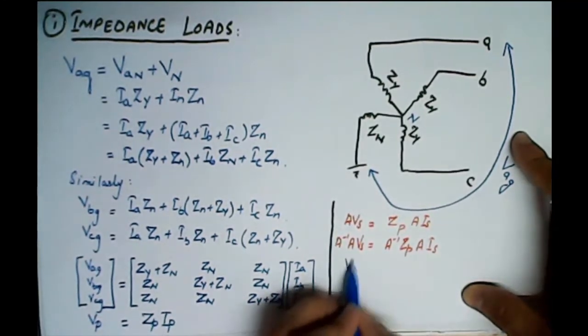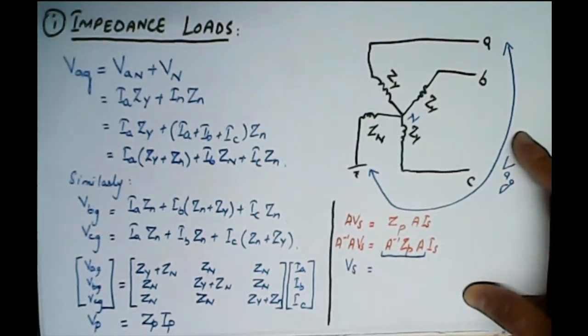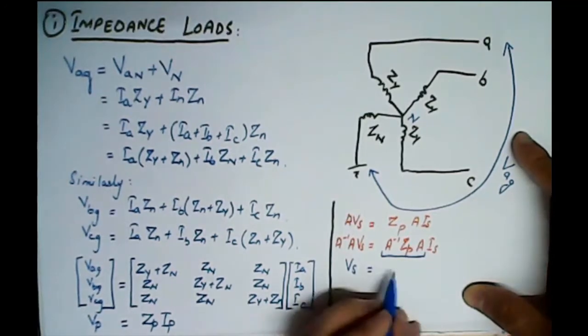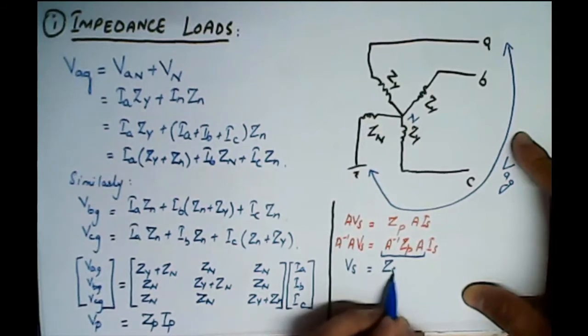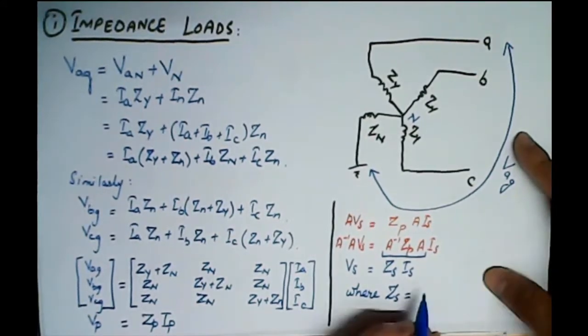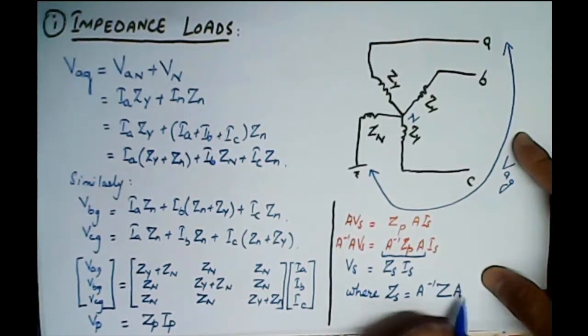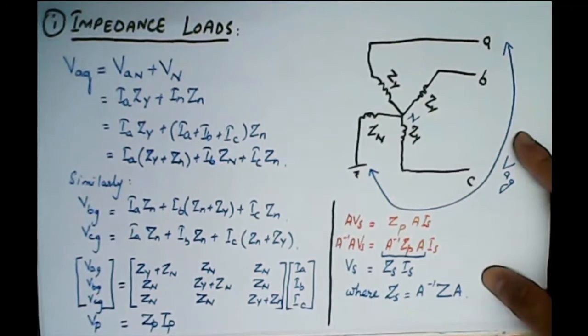But A inverse ZP, since we know that matrix multiplication is non-commutative, will not be equal to I, and we are just referring to it as Zs, that is the sequence matrix for impedance, where Zs will not be equal to the unit matrix, rather it is equal to A inverse times ZP times A, right?